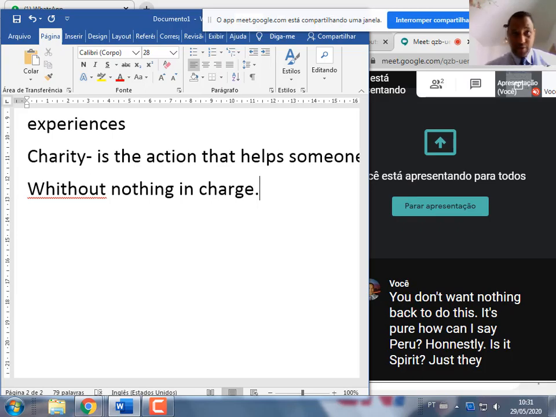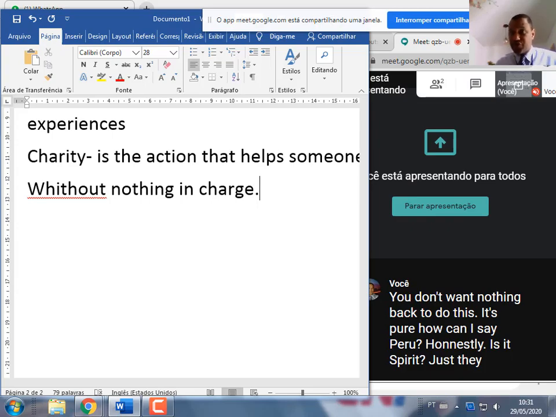Donor is money, most of the time, that you give someone to help them. A money help that you give to someone or some organization in order to help them to survive. So, if you want to help someone to survive, you give this person a donor. It's different from charity, guys.